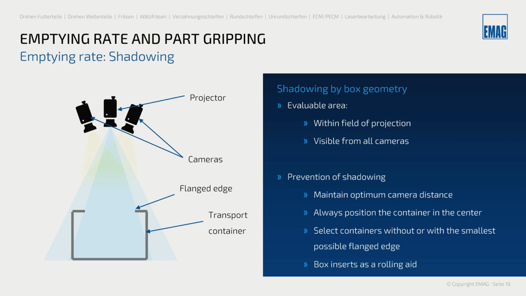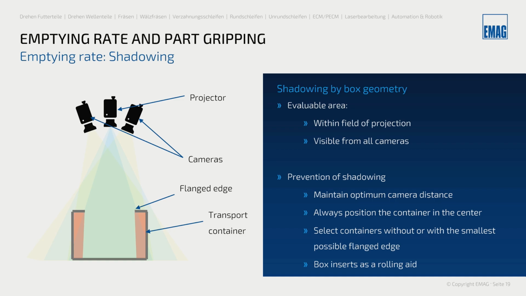So now we have the angles of the camera, what they can see, and below the flanged edges, we do have a shadowed area where we cannot access, because if you take a look, the left camera can look below the flanged edge of the left side. So how do I prevent this shadowing? First of all, I have to make sure that the camera is at the optimal distance.